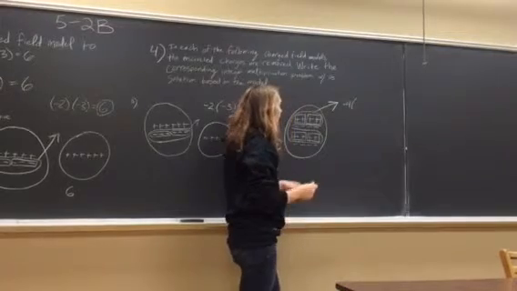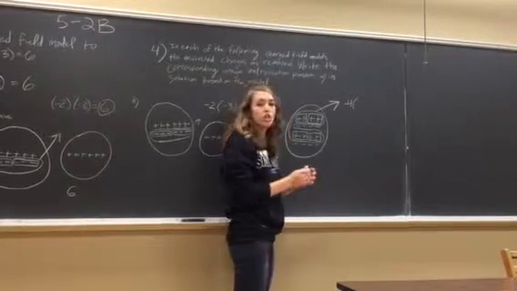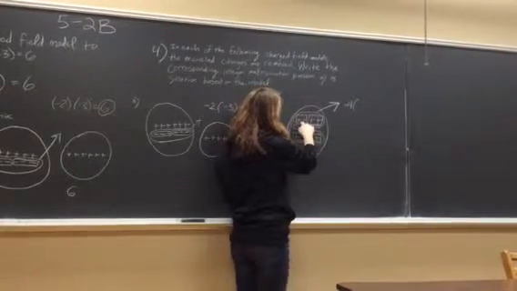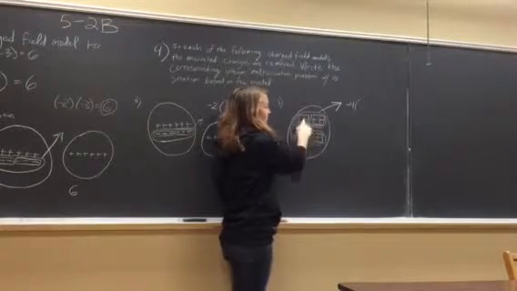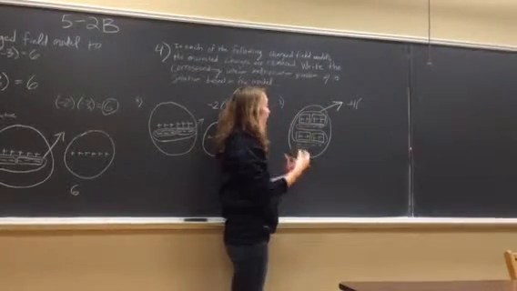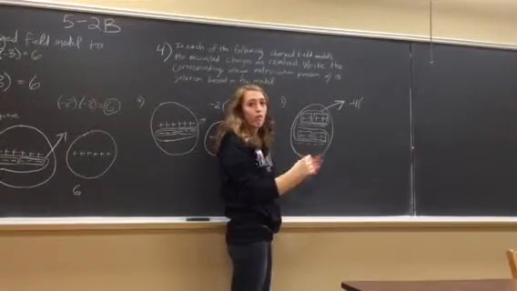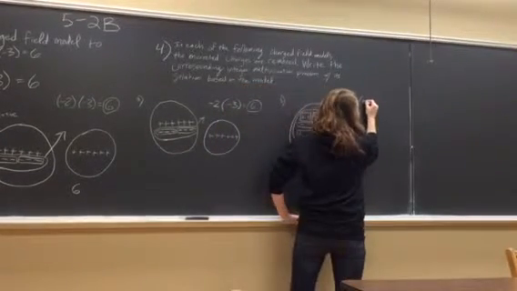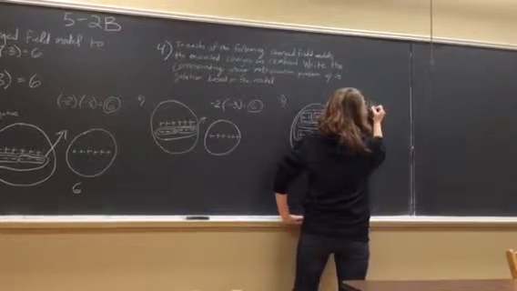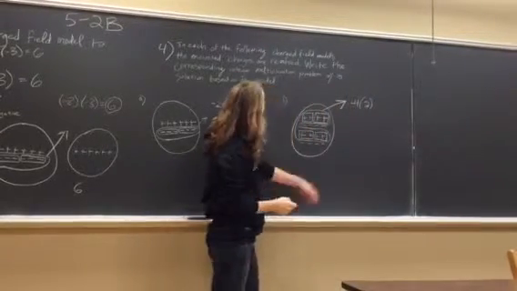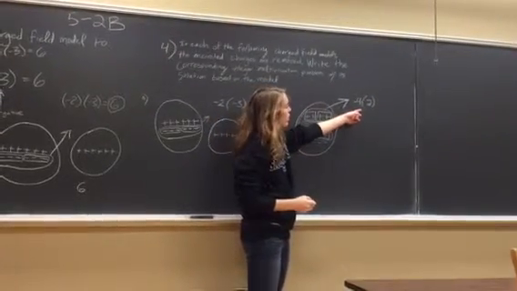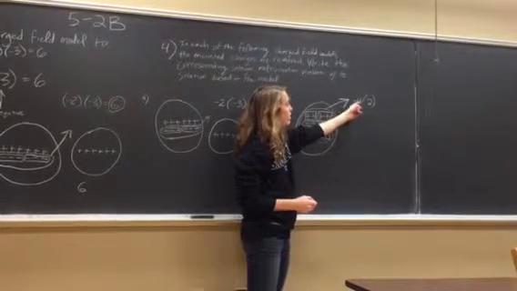Then we look at what the value is of each of those groups. So we look and there's 1, 2, and they're plus signs, so we know that they're positive. So positive 2 is being taken away. 4 groups of positive 2. So we're going to put a positive 2 right there. So this is our integer multiplication problem for this charge field model.